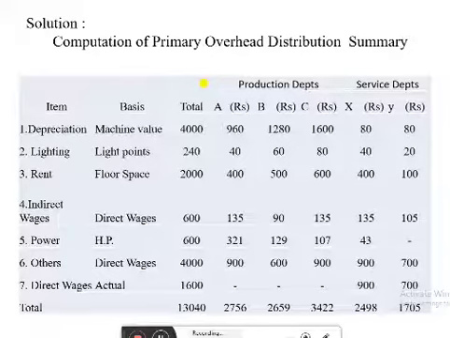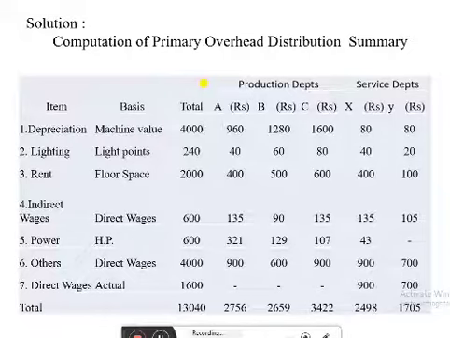Okay, and next is the direct wages. Direct wages has been given in the problem, so no need to take any other thing. Only direct wages itself has to be taken as the actual amount. I told you in the previous class, students, that you need not distribute it to the production departments.